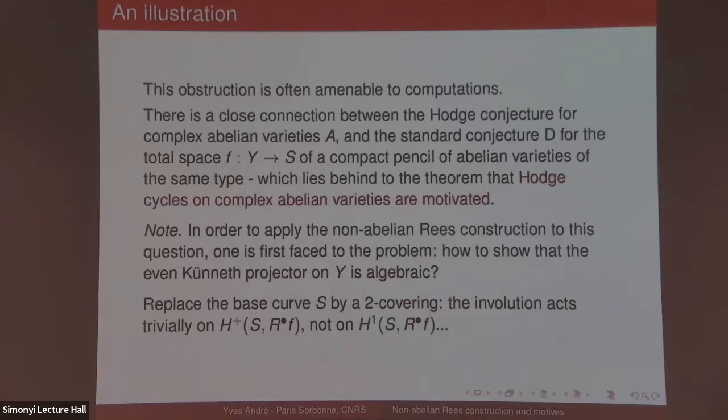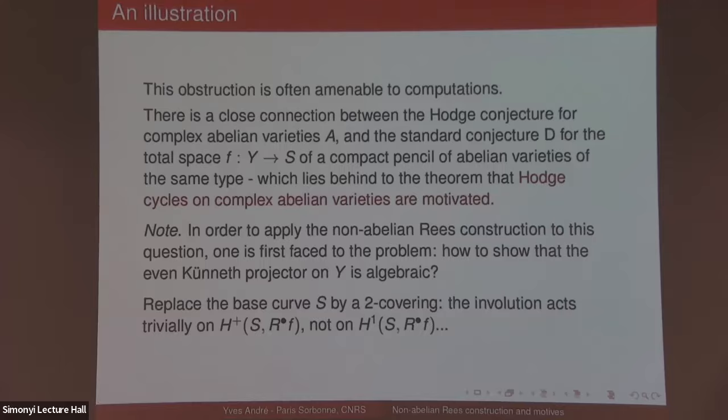So, an illustration. I use the fact that this X, as explained in the formula, is amenable to computation. Let me look at the case of compact pencils of abelian varieties, over a field K of characteristic zero.